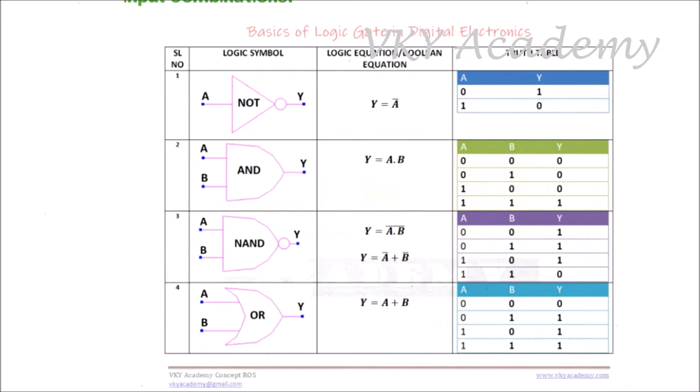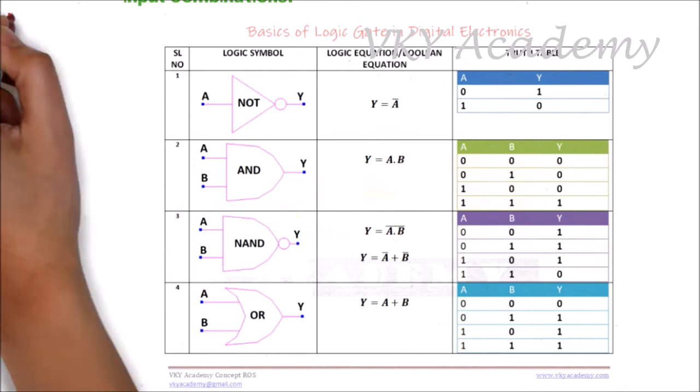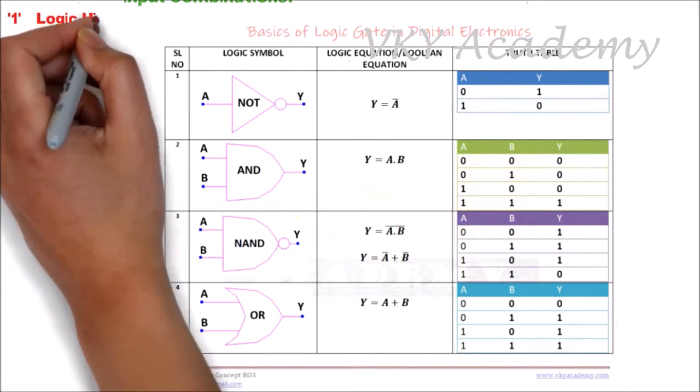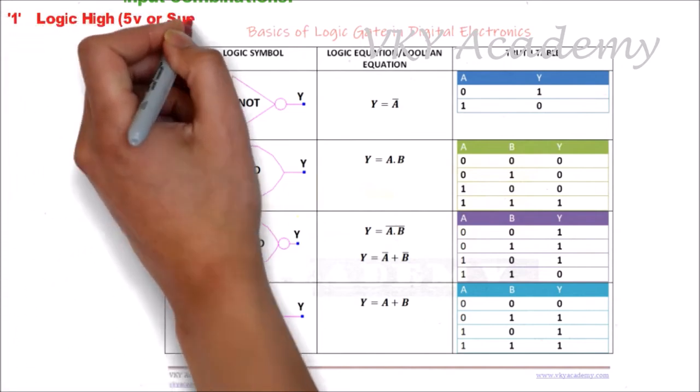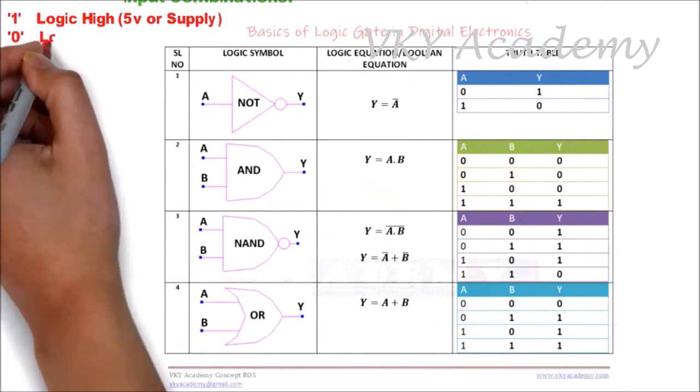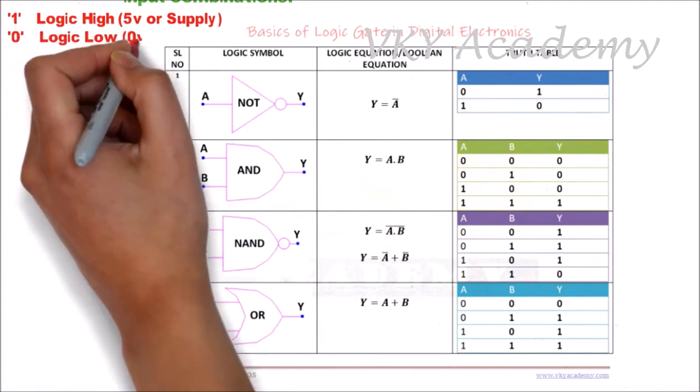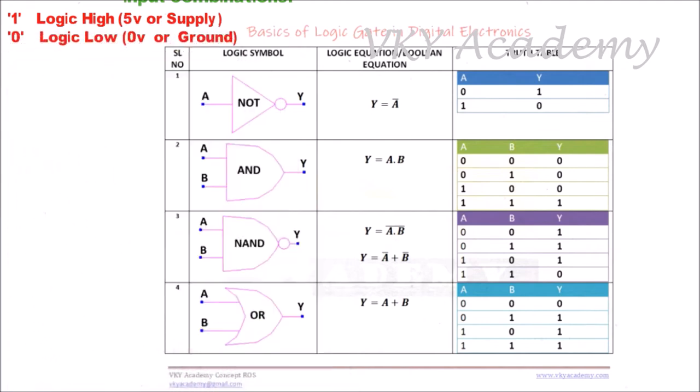Now let us understand all the logic gates one by one. The first and most basic type of logic gate is the NOT gate. A NOT gate has only one input and only one output. The input is A and the output is Y. In the third column you can see the logic equation for the NOT gate: Y is equal to A complement.